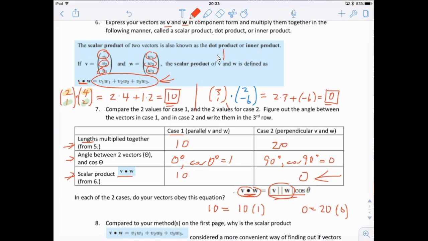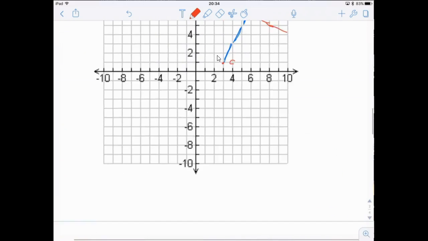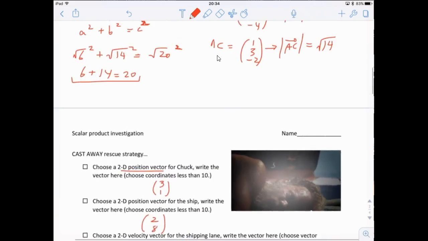And with a little bit more work, we can figure out if they are parallel. But perpendicular is quite easy. All we need to do is multiply the x components, the y components, z components together, add them all up. If we get 0, that means that they are perpendicular.